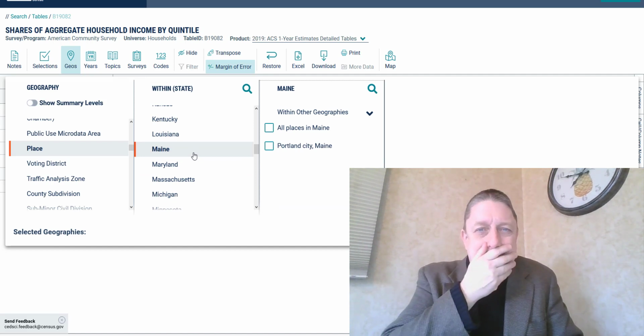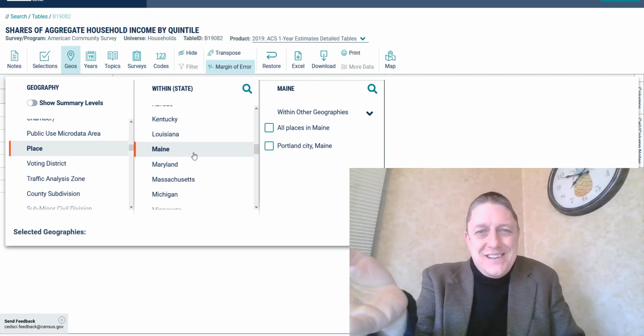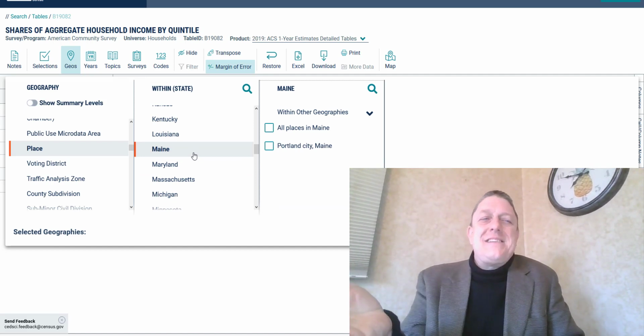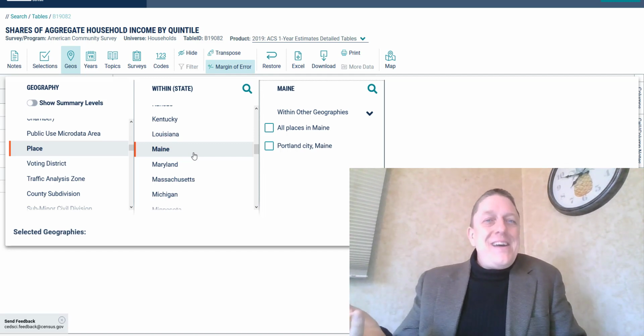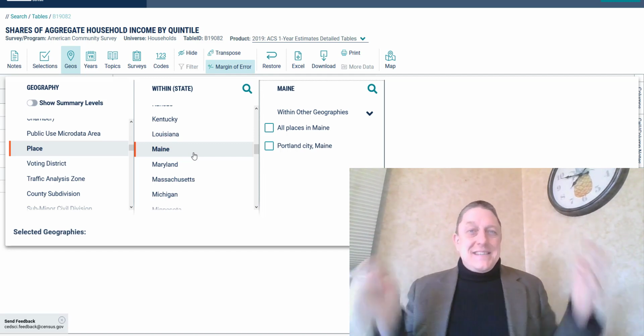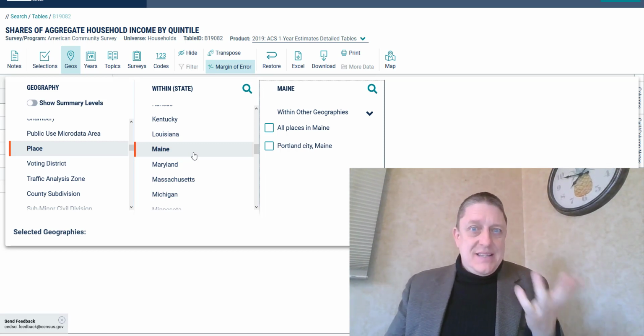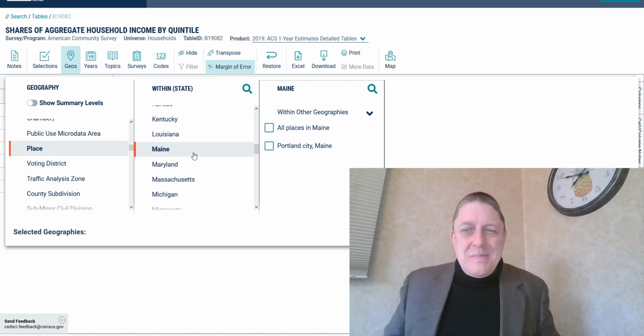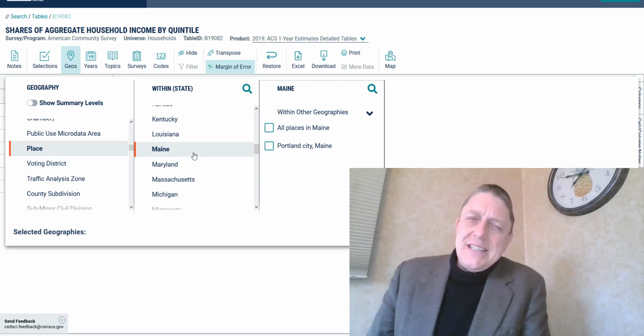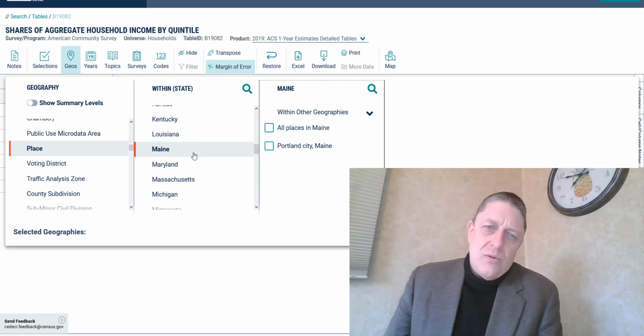Okay, so I could look within Maine, and look at all the choices I have for all the places in Maine that are big enough to make an estimate for 1 year. It's one place, Portland's biggest city, which most states wouldn't even call a city. They'd call it a nice-sized town, Portland, Maine.